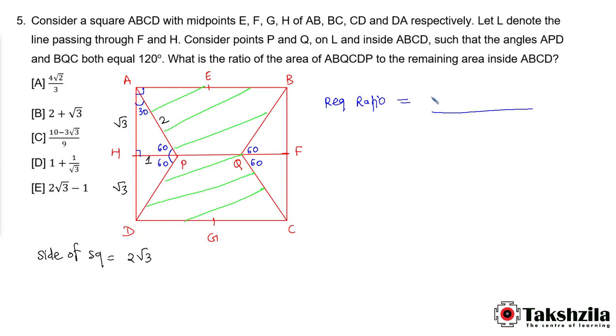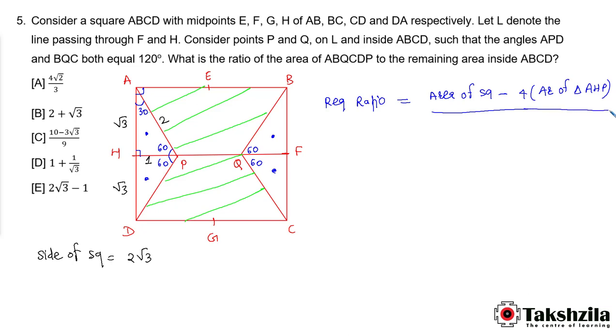For that, what we need to do is area of square. From area of square we need to subtract 4 times area of triangle AHP. For triangle AHP there are going to be 4 such triangles. This is first one, second one, third one and fourth one.